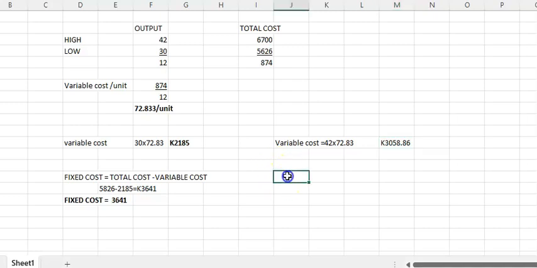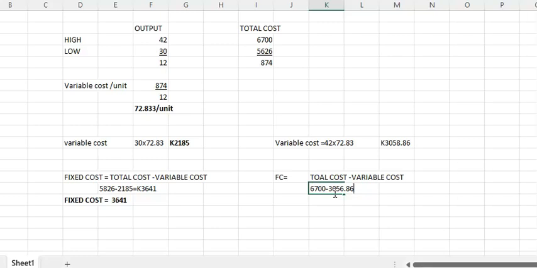So we can still go back and say, okay, let's now calculate our fixed cost. Fixed cost is equal to total cost minus variable cost. So total cost is 6,700 minus the variable cost we have just calculated.